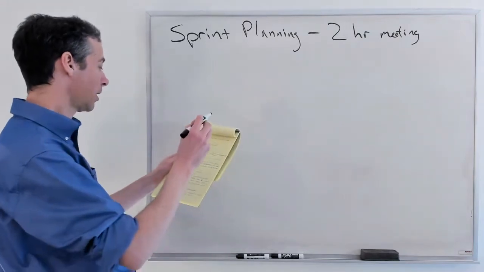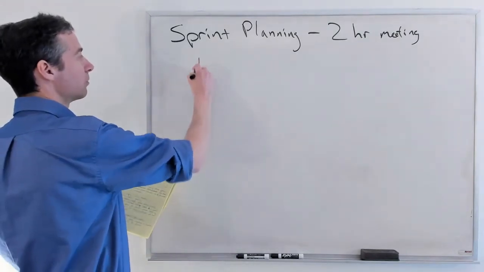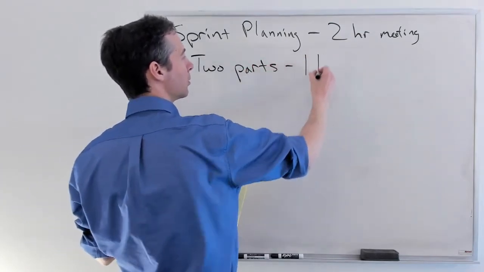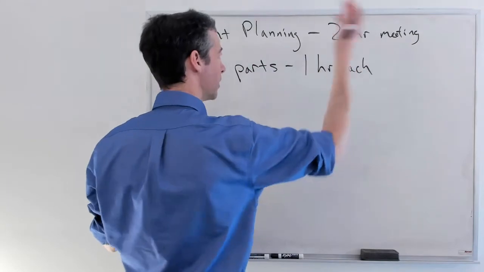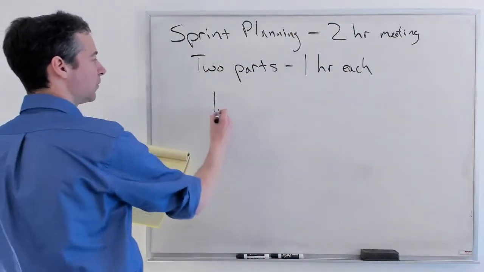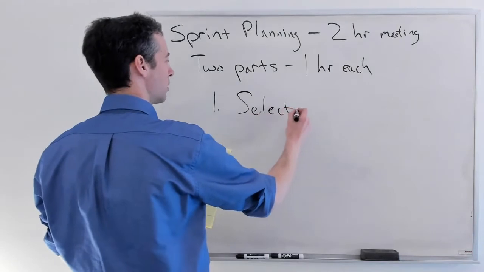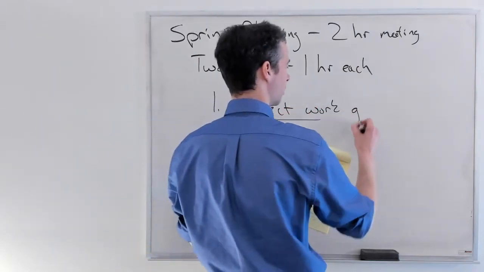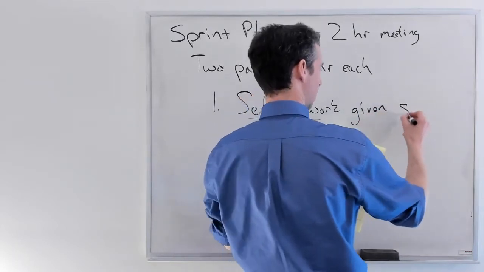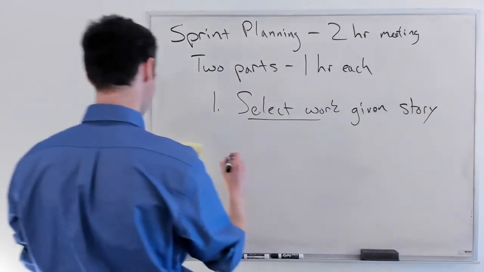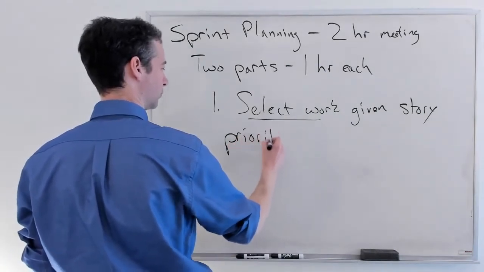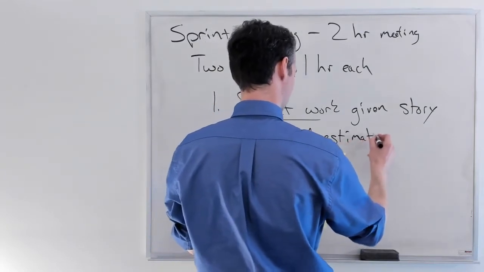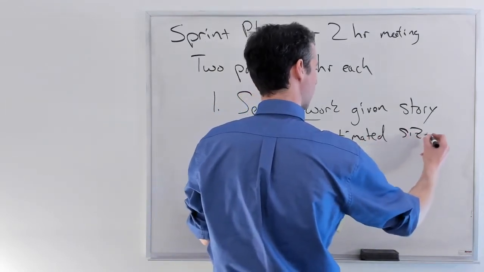All right, so the meeting in general is divided into 2 parts. They're 1 hour each, approximately. Makes sense. It's nicely divided. The first part is where the team works to actually select the work for the sprint, given story priority and the estimated sizes of the stories.